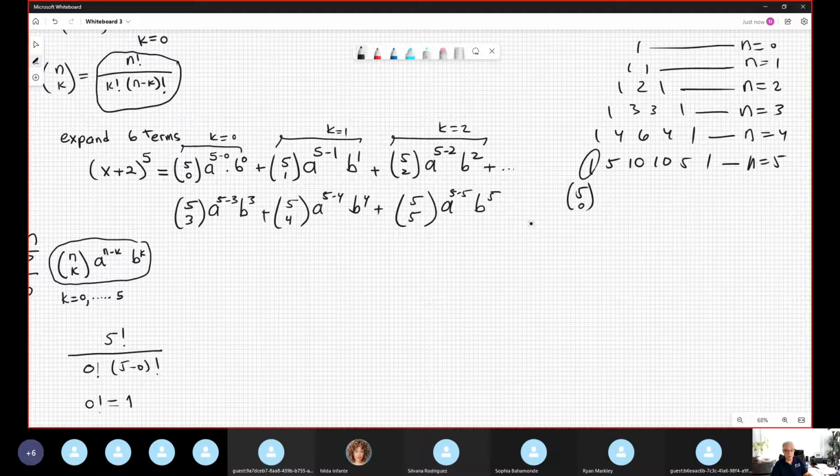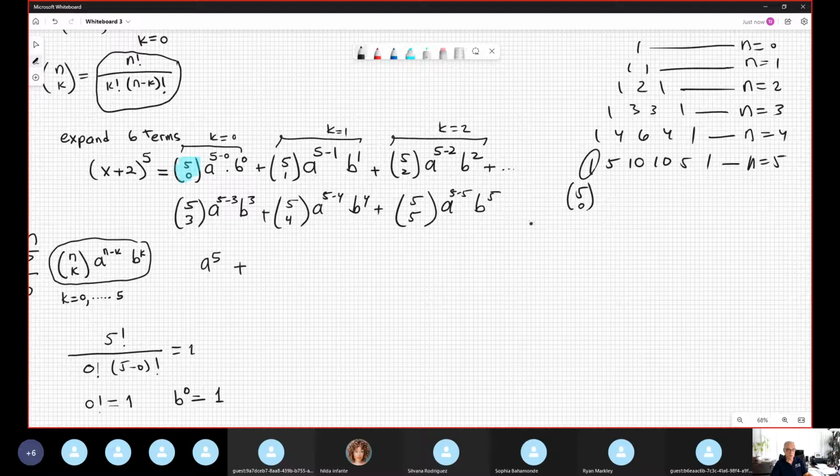And 5 minus 0 is 5, and 5 factorial divided by itself is always 1. Now this is 1, and this is 1. But 1 is invisible, not necessary to write that. It's a to the 5th power, and b to the 0 is 1 also, because any expression or number raised to the 0 power is 1. I did the first one.